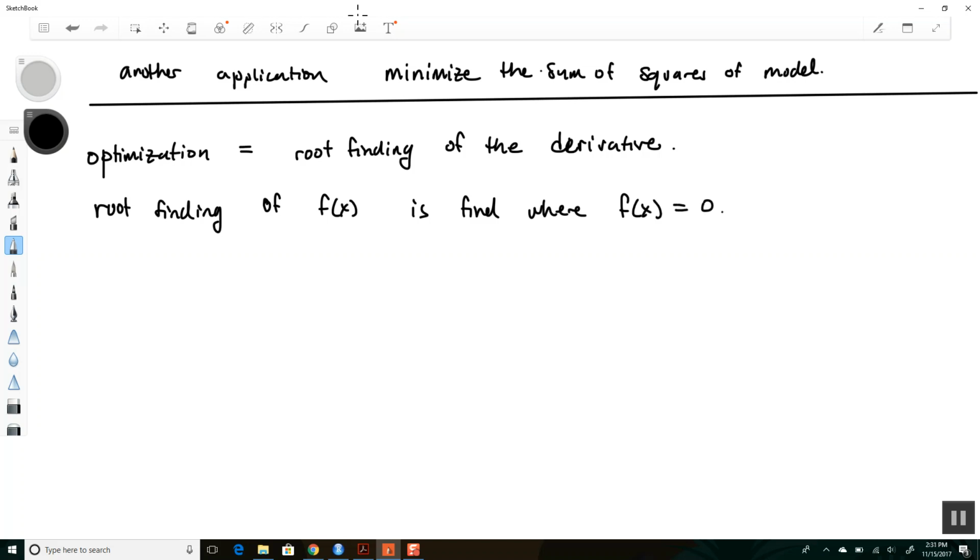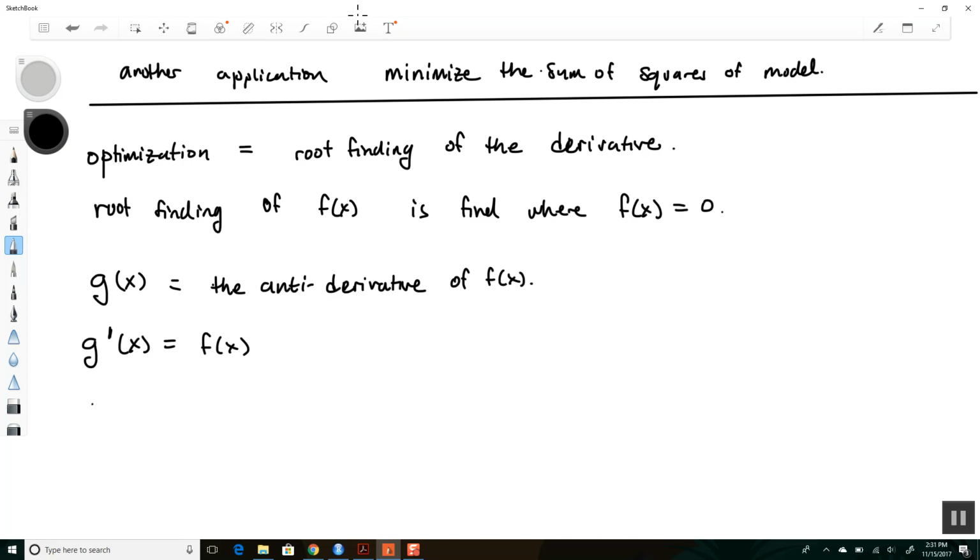What we will have is we'll say g of x is the antiderivative of f of x. That just means g prime of x is equal to f of x.